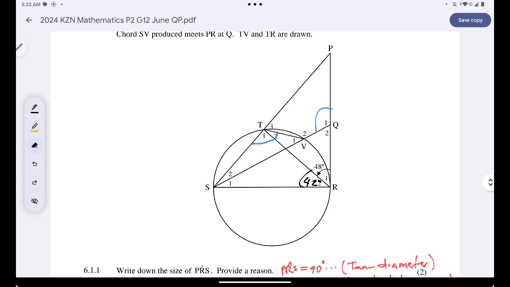Let me erase this. S1, how can I find S1? S1 is equal to angle T2.